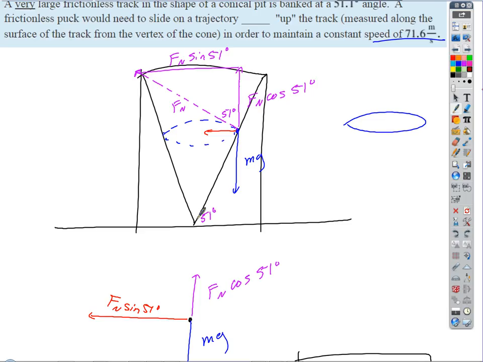I could make a triangle out of this and say, if that's r, and I know that this angle is 51, then that angle right there would be 51. Or I could say this angle right here is 39. Same thing, doesn't make any difference.